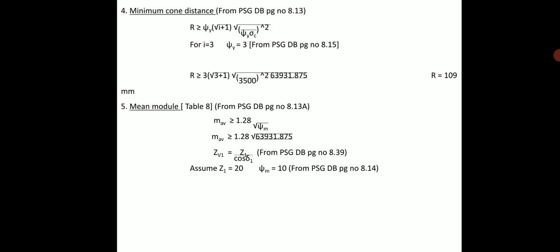Substituting, we are getting R is equal to 109 mm. And the minimum module, from the data book page number 8.3a, m is greater than 1.28. Therefore, we are getting that value m is equal to 2.28.